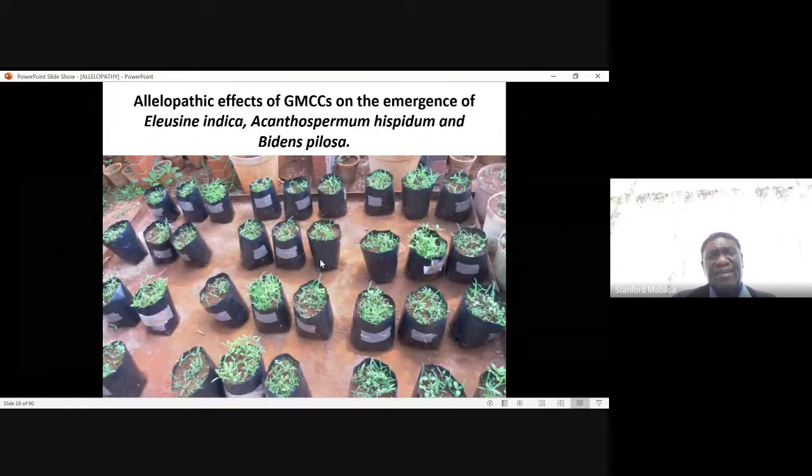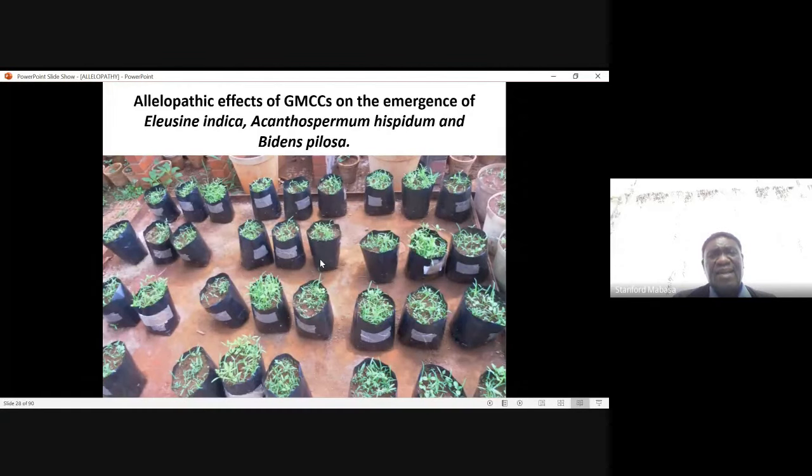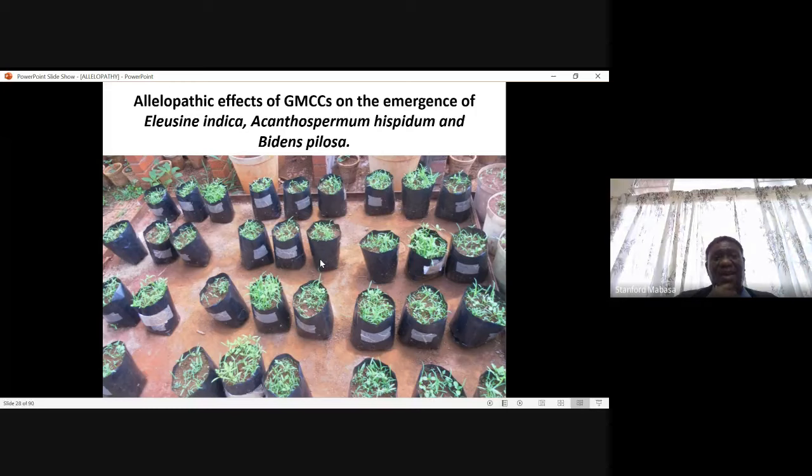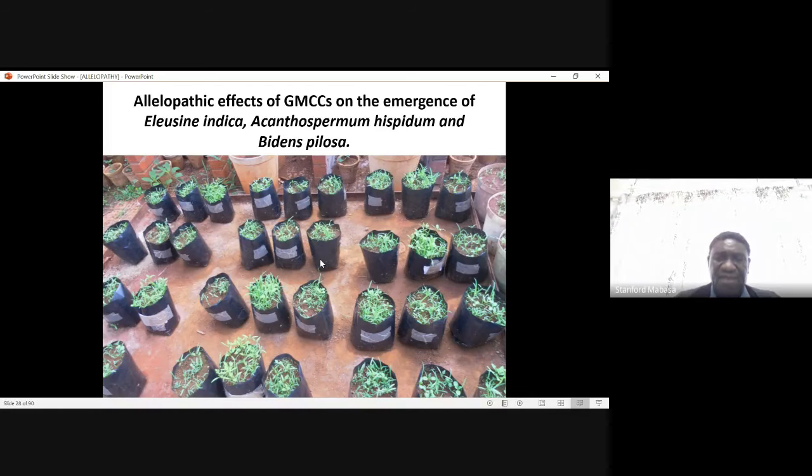This is an experiment showing the allelopathic effects of the green manure cover crops on Eleusine indica, Acanthospermum hispidum, and Bidens pilosa.